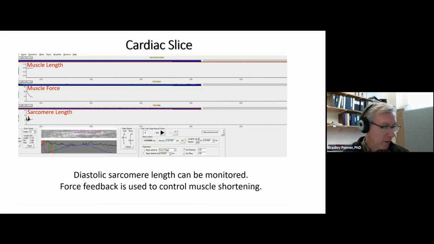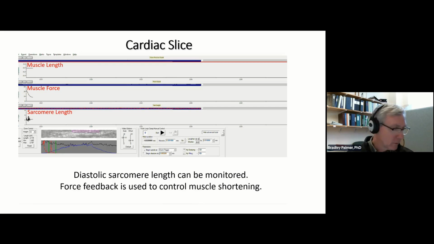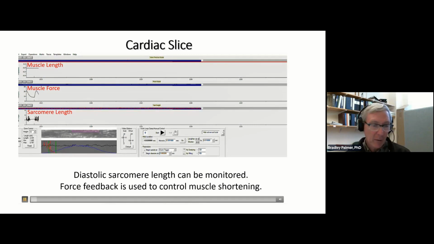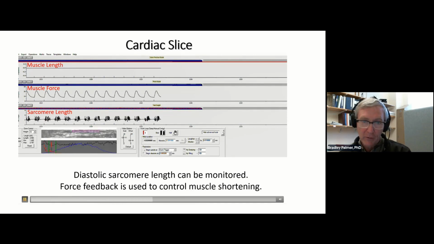So I'll start the video here. And you'll see that sarcomere length measurement is stable in diastole. And when I start the force feedback control of the motor, the muscle is shortened at the correct time to generate a work loop. And you'll see it starting right about here.